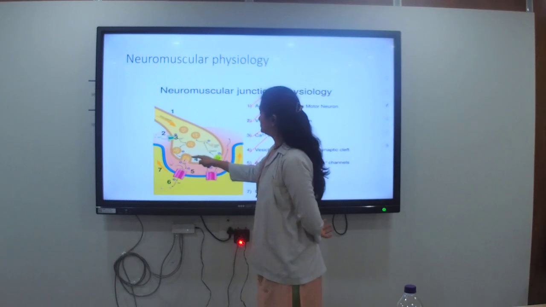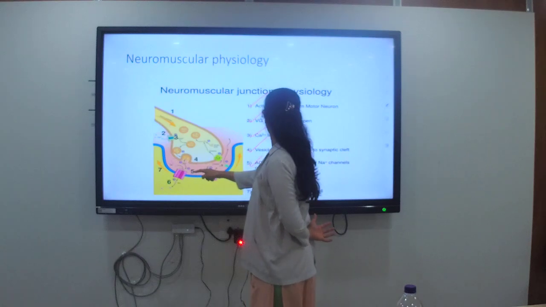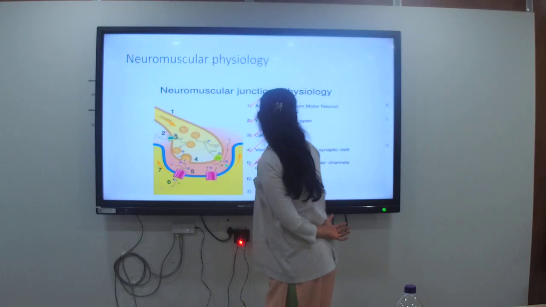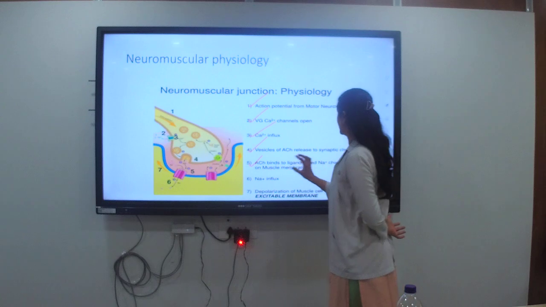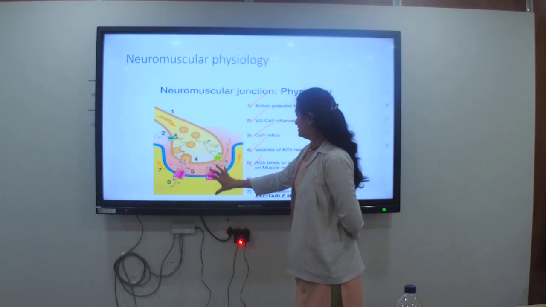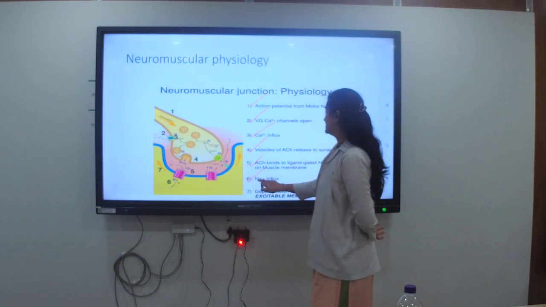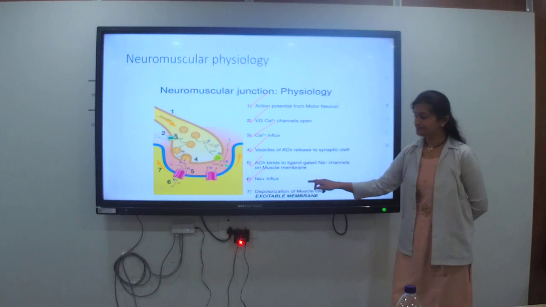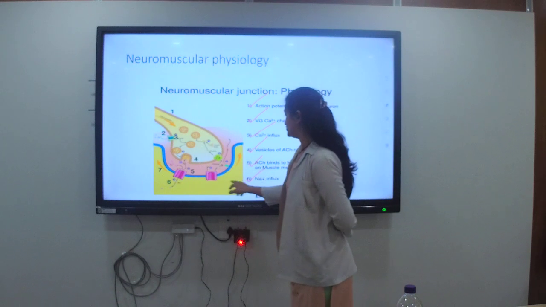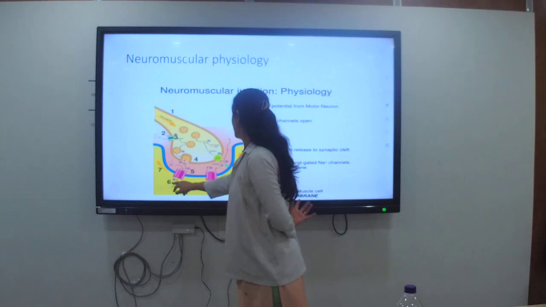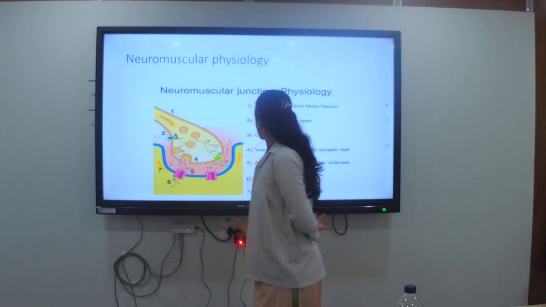So when the acetylcholine is released, the sodium channels on the muscle membrane get attached to it. And last, there is an influx of sodium. Here is the sixth step you can see. Sodium gets influxed.